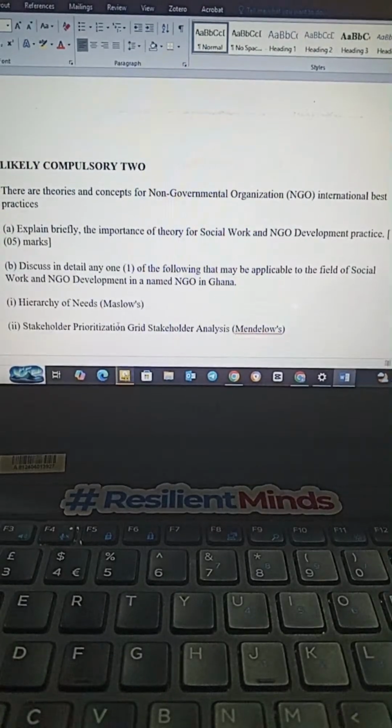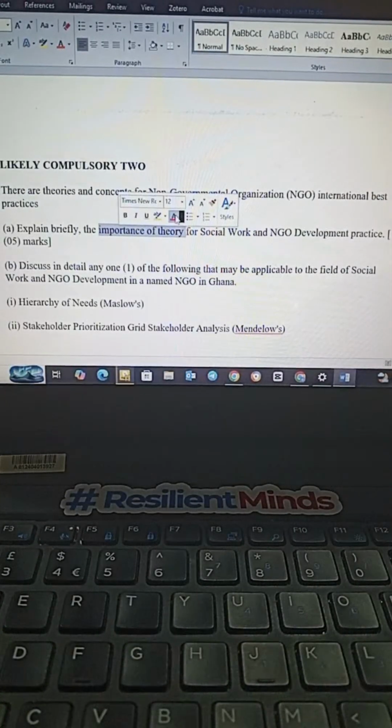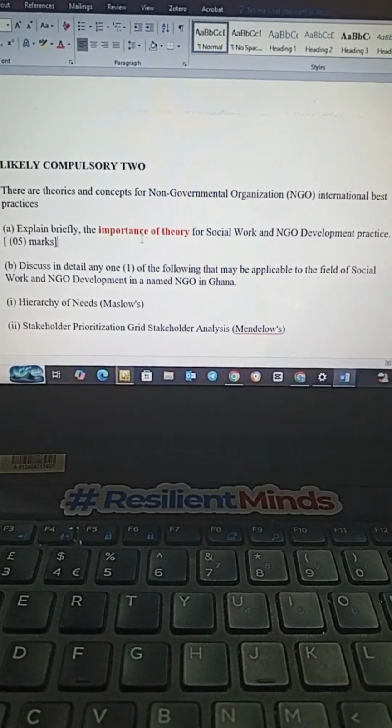Just forget about the rest of the sentence. The main idea is the importance of theory. That is what they're asking for. The part they've added is just to complete the sentence. This one is very simple. So what are the importance of theory?